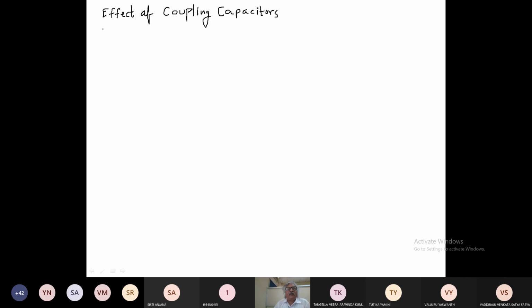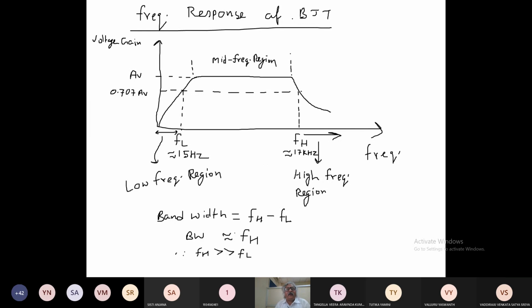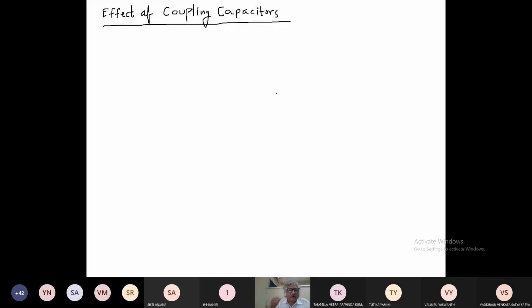This explanation is very important to understand why the frequency response curve of a BJT is like this, the frequency response with respect to voltage gain. Why is the curve like this? To understand this, what we are discussing today is important, right? So in this, the first point.